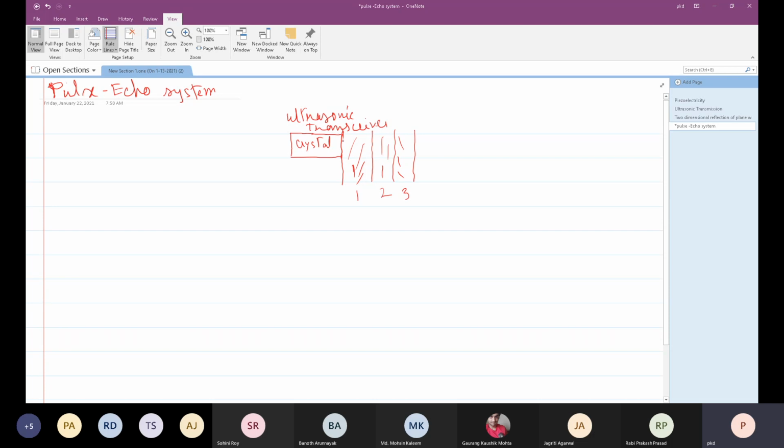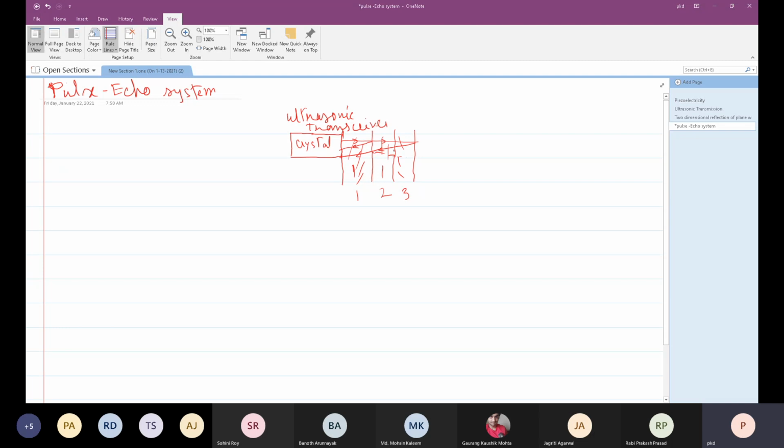Now if a beam is launched here, it will go there. And correspondingly some reflections will come. Also subsequent reflections may come because of the discontinuities.